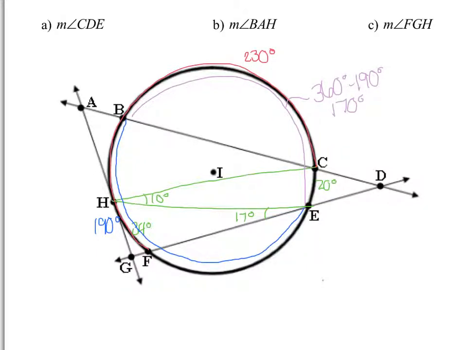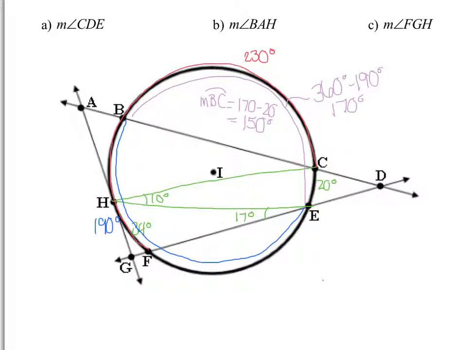Since we know this arc is 20, that's telling me that measure of arc BC is going to be 170 minus 20, which is 150.